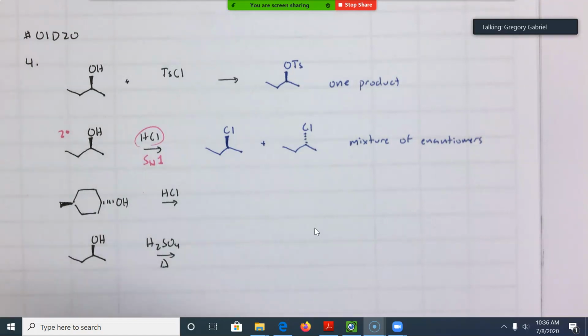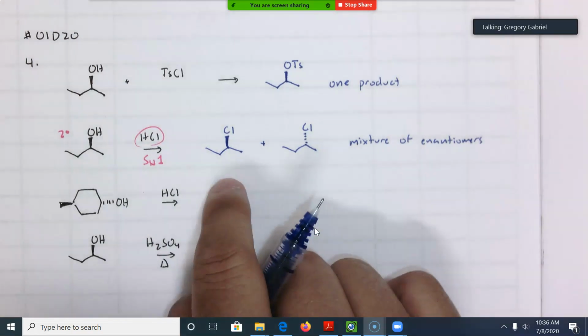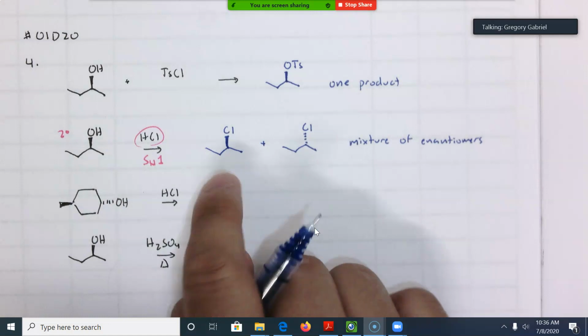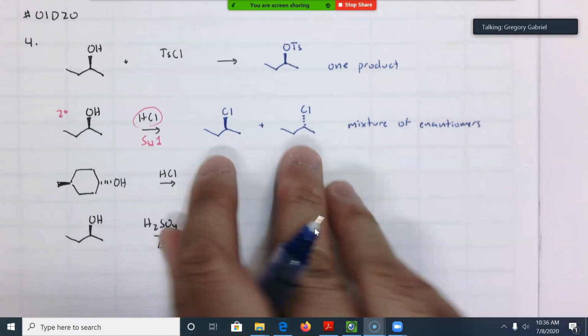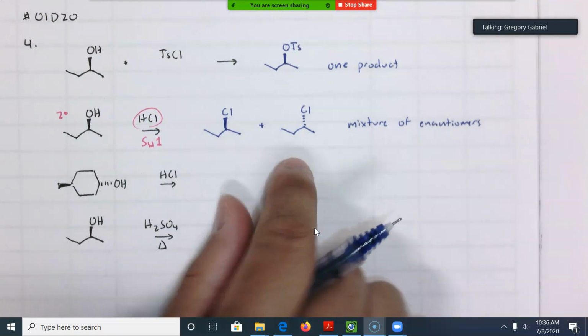So when you buy Aleve from the drugstore, it's going to come in as one enantiomer. It cannot be a mixture. They would get in huge trouble if their chemistry is not good and they were making mixtures.